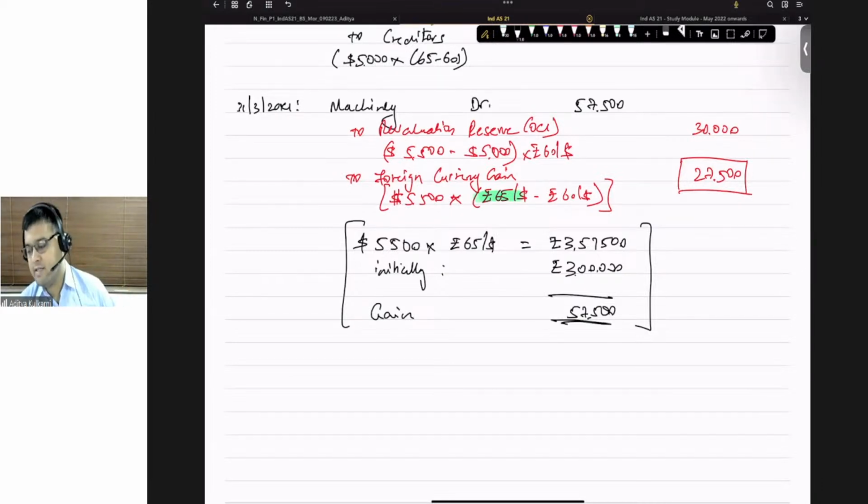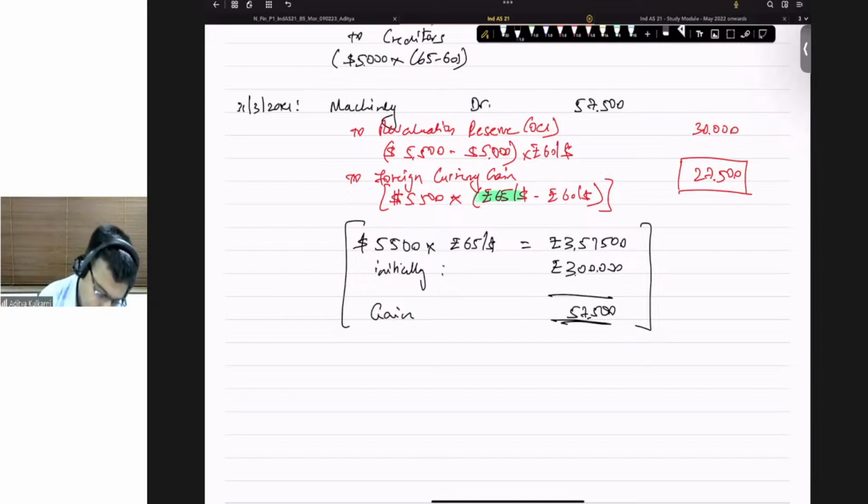Yes. Revaluation will obviously be as per the non-monetary initial rate. So now moving on to the next one.